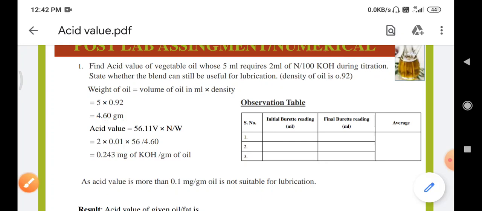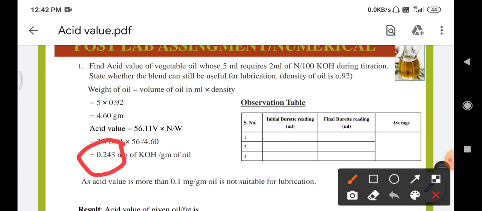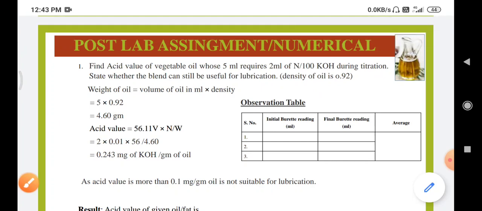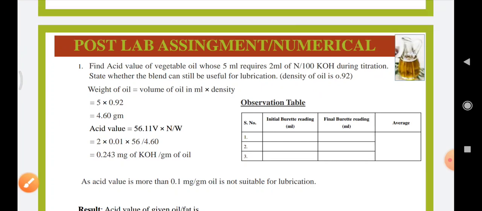Then we get a value of 0.243 mg of KOH per gram of oil. So like this you can solve the numerical, or you can calculate the acid value by using your observation table.